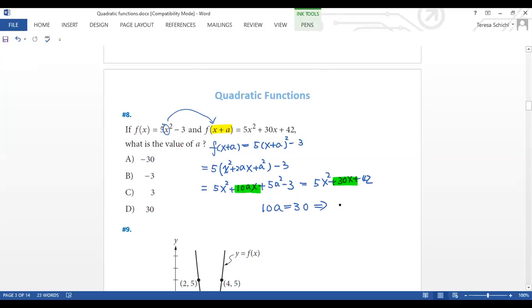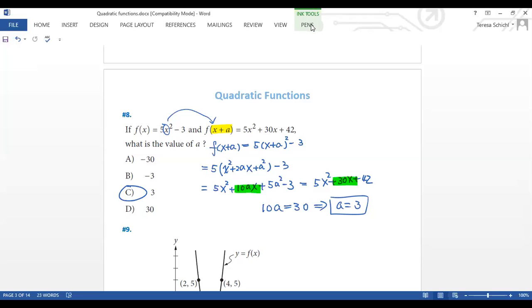So what is my a here? a is equal to 3, right? Okay, so basically these problems want to test you on what f of x plus a means. That means you need to go back to your original function and replace every x with x plus a. All right.